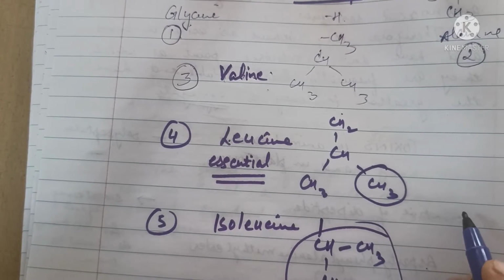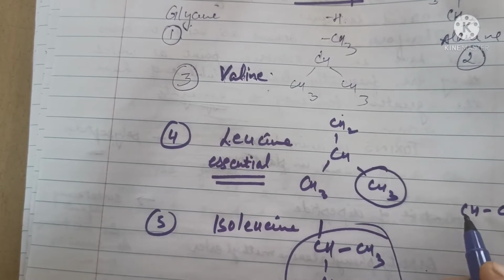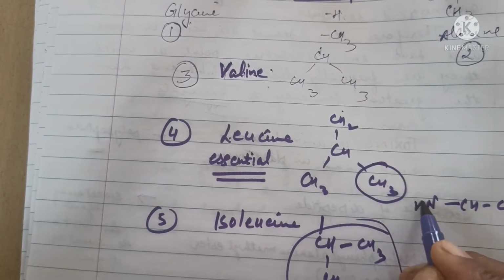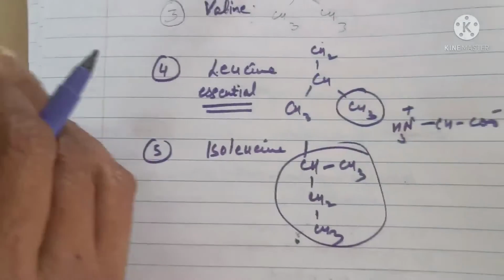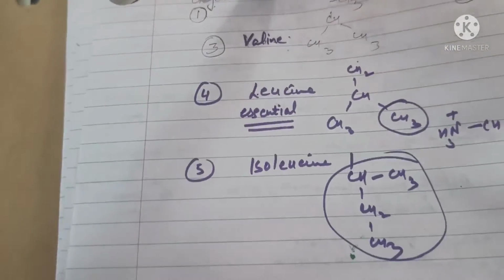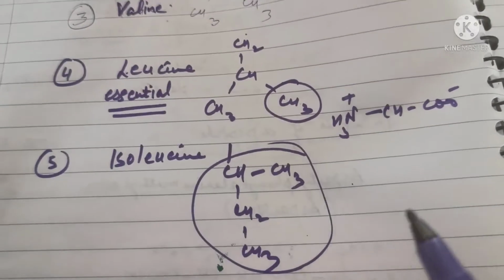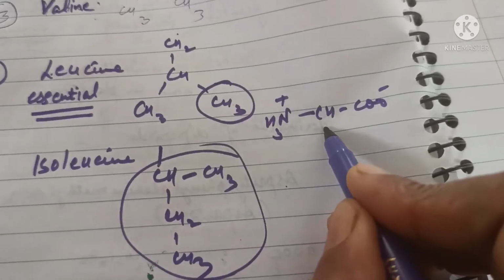So again, writing the general formula, CHCOO negative on one side and NH3 positive on the other side, and the R group present here will give us the isomer isoleucine.